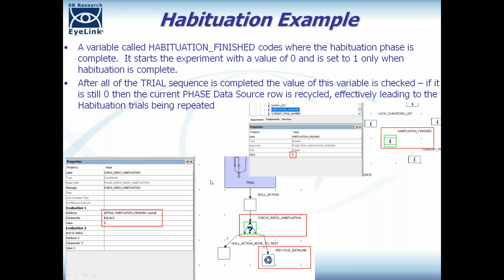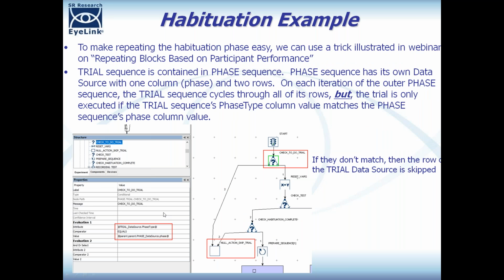And then after we go through all of the rows or trials of the trial sequence, we're going to check: did we meet the criteria for finishing habituation? In other words, has this habituation variable been changed from its original value of 0? If not, then we're going to go down here and recycle. Let me just jump back for a second.